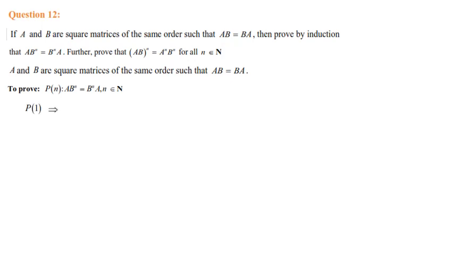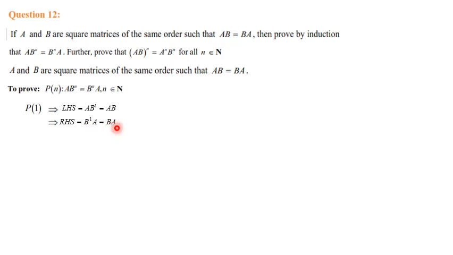That is, P of 1 implies, left hand side, if you take AB power n, AB power 1, n is replaced and put 1. So AB power 1 is AB only. Next we have to calculate the right hand side, that is B power n into A. B power 1 into A, that is equal to BA.